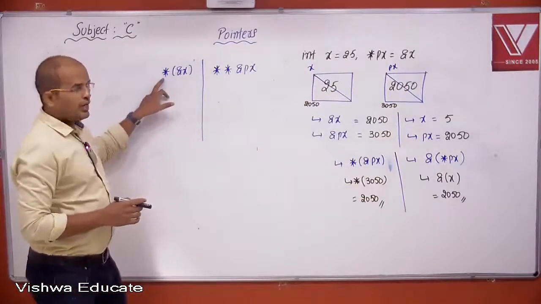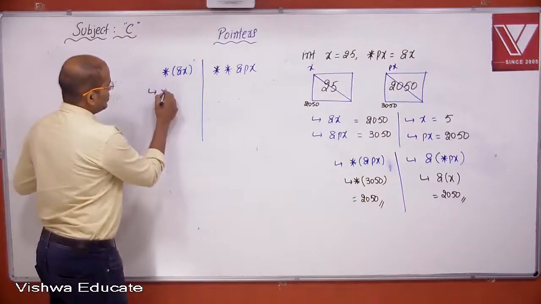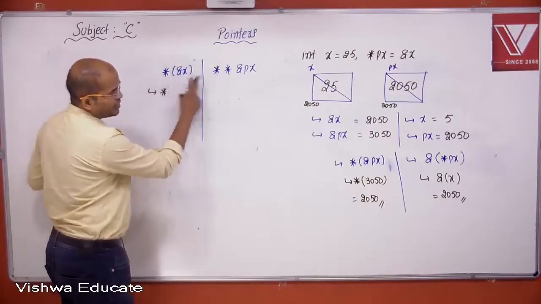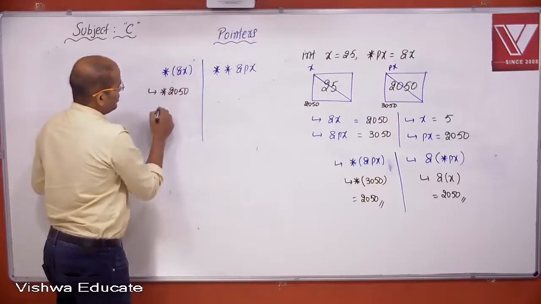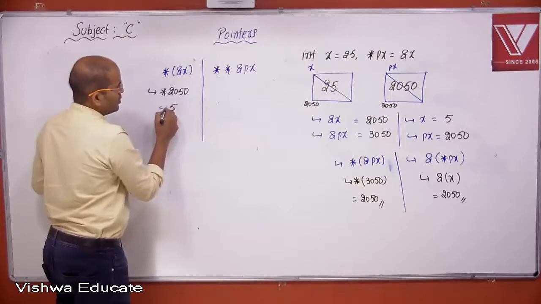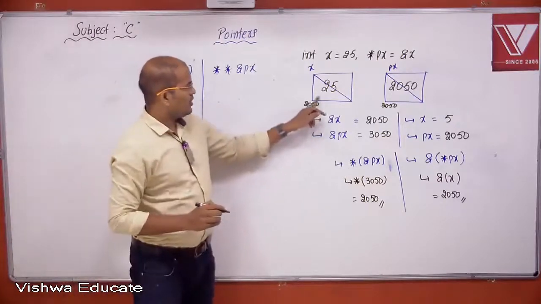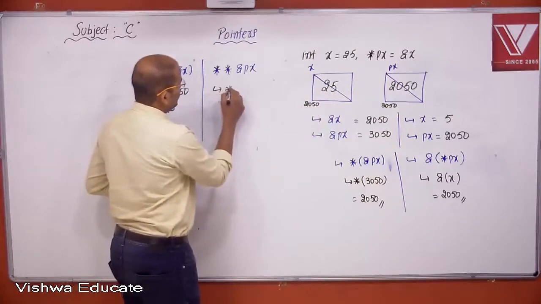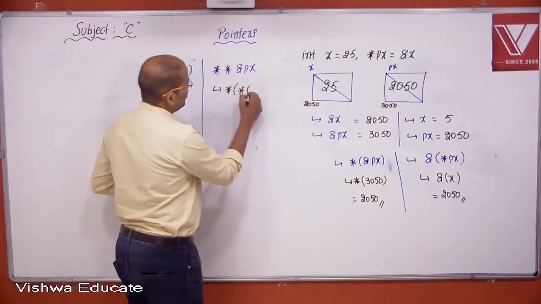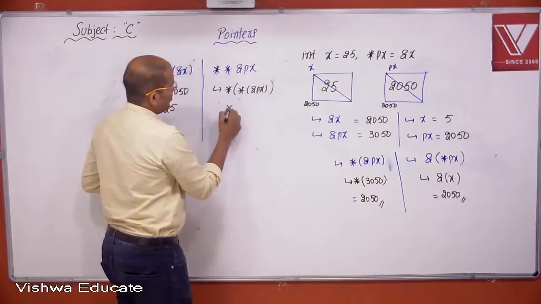So value at address of x. What is address of x? Address of x is 2050. So this is nothing but 25, isn't it? Value at 2050 is 25, and this is the same as value at address of px.